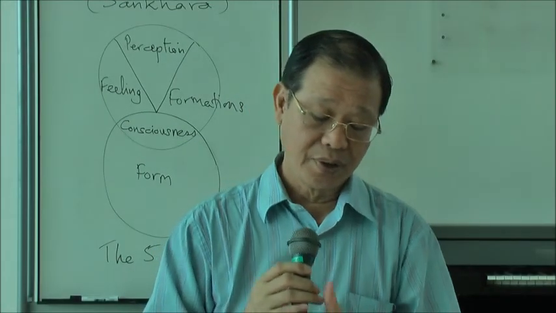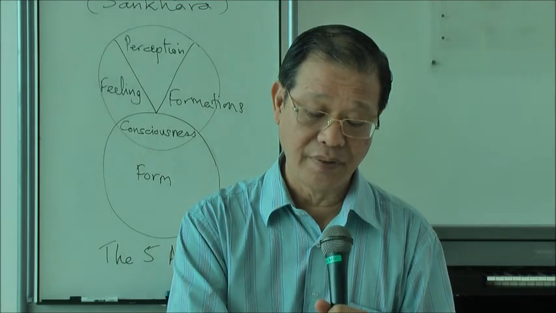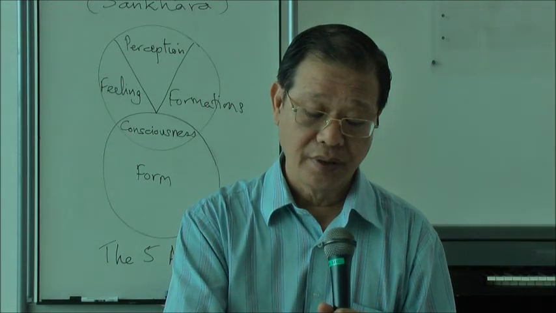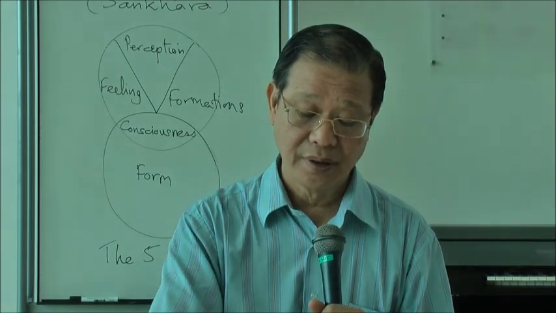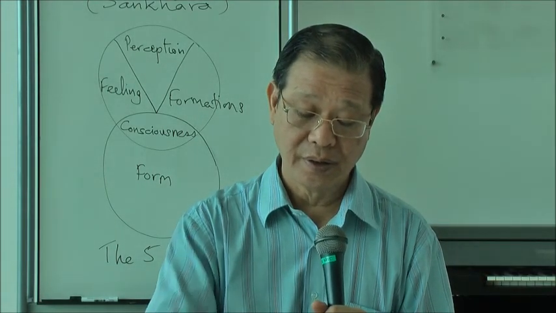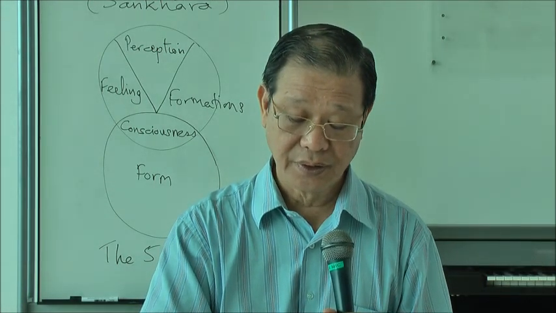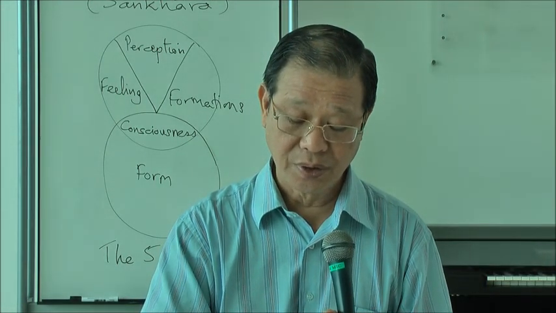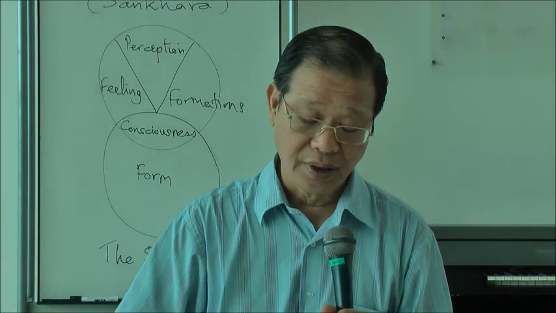This is a diagram showing the context of the 5 aggregates. If you look at 11 o'clock, you have consciousness, and then at 1 o'clock contact. Of course, contact is not part of the 5 aggregates. You have feeling at 3 o'clock, perception at 5 o'clock, formations at 6 o'clock.